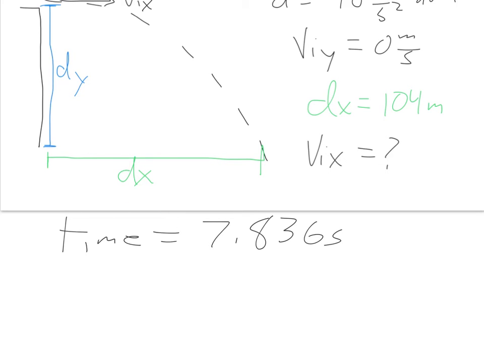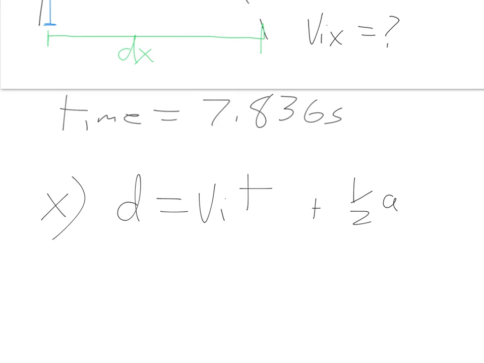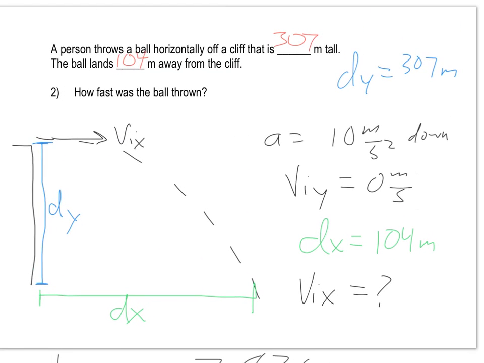That's at that dx. So if I look in that horizontal direction, since I've got information about this displacement x, this range, if I write my displacement equation, d equals VIT plus 1/2 AT squared, well, this can simplify because the acceleration in the problem is 10 meters per second squared, but that's down.